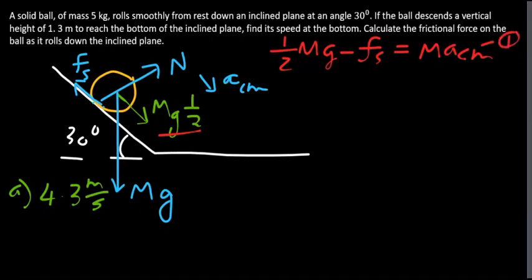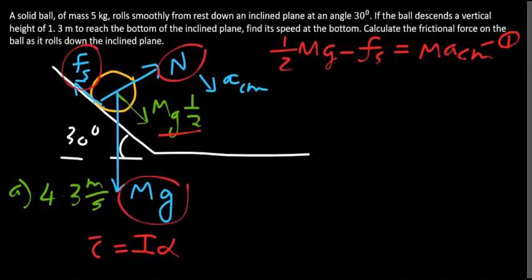The second equation is Newton's second law for rotation, which is that the torque comes only from one force, namely the static friction. The weight and the normal force passing through the center of mass will contribute no torque. So they contribute no torque about the center of mass itself.